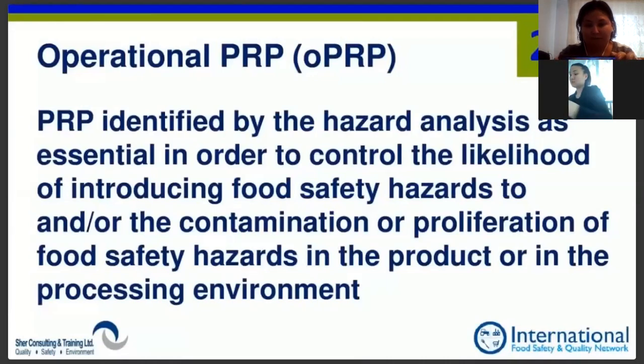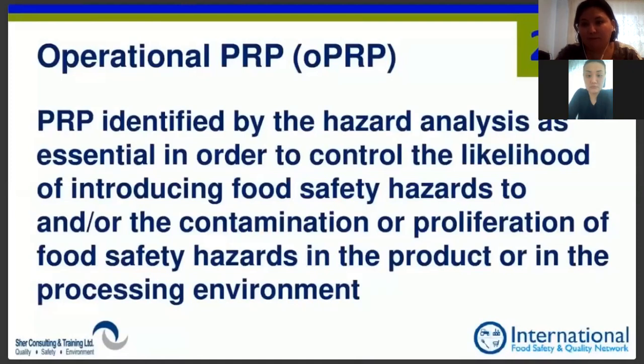And the way we understood this, most of us, was that we now have a term that we can use when we have a critical PRP, because the CCPs are critical steps in the process, but everything around the process, the PRPs, the prerequisite programs. Now, the definition for a PRP has not changed. It is still the same.